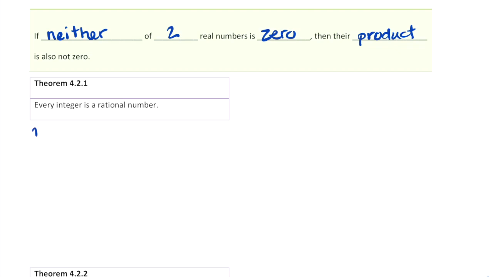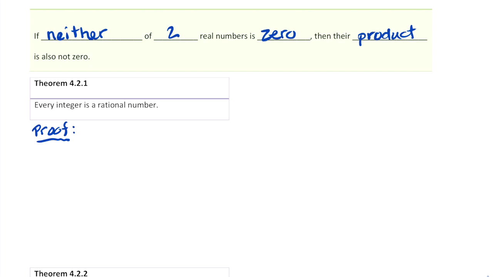So let's get our proof toolbox out here. First of all, you want to make sure that you are writing proof so people know you are doing a proof. And here, every integer is a rational number. Well, what do we need?